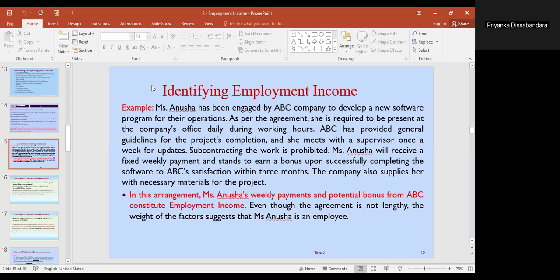That dispensary is owned by that doctor, and he also works in that dispensary. What is the income he receives? Is it business income or an employment income? Business income. Yes, it is business income.